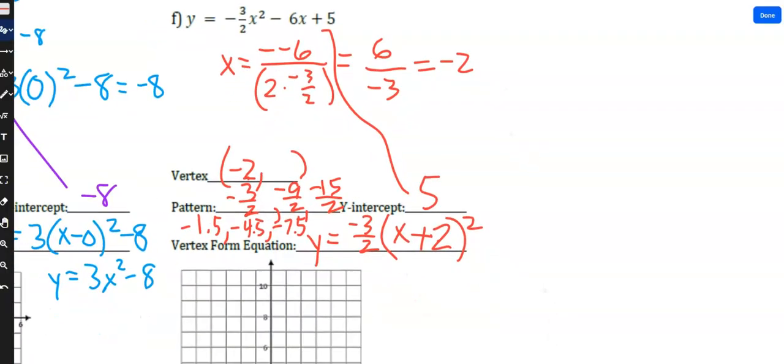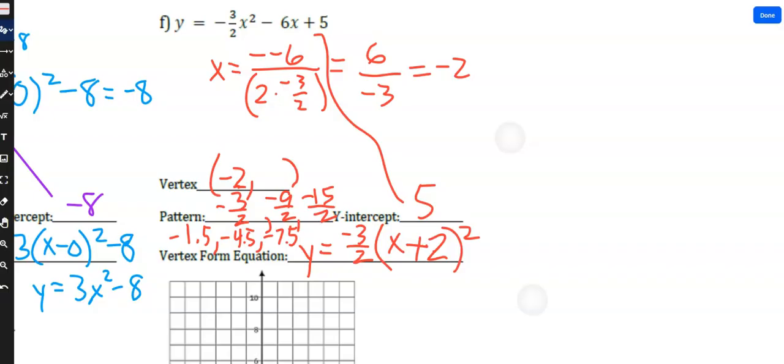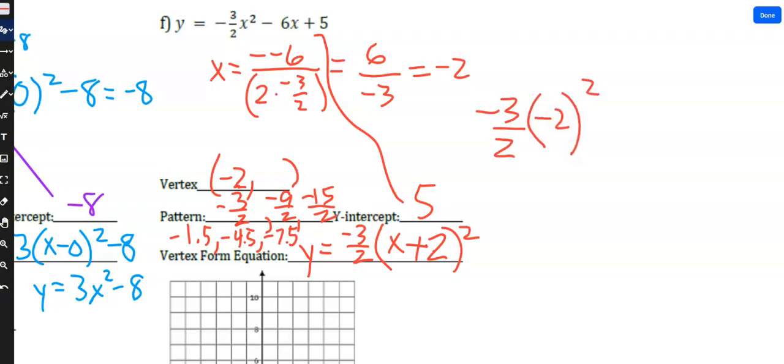Okay, and so we forgot one part. We got to figure out what the second part of the vertex is. Okay, so I got to plug it in. Negative 3 halves times negative 2 squared minus 6 times negative 2 plus 5. So let's see here. That's 4. That's negative 12 over 2.